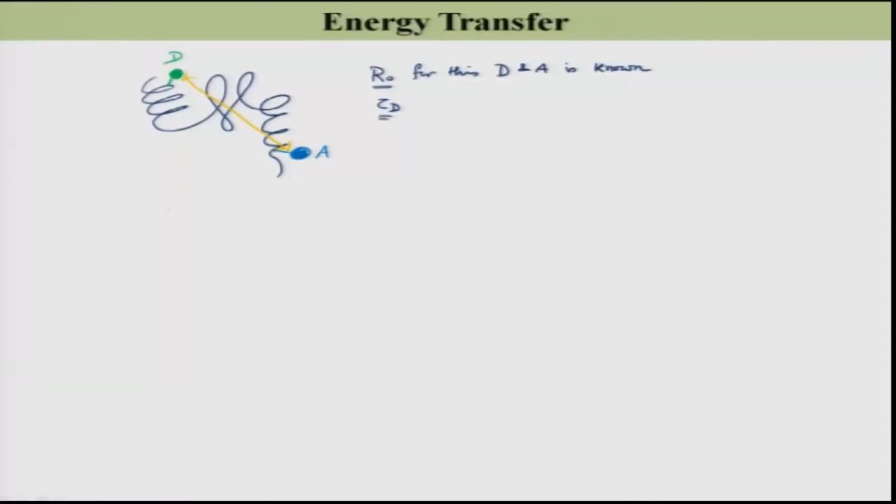So, in case of incomplete labeling, what happens is some of the proteins are labeled only with D, no A, right, no A. In that case, what will happen?